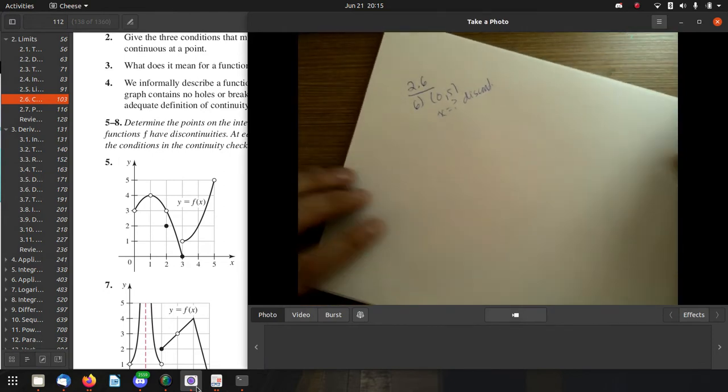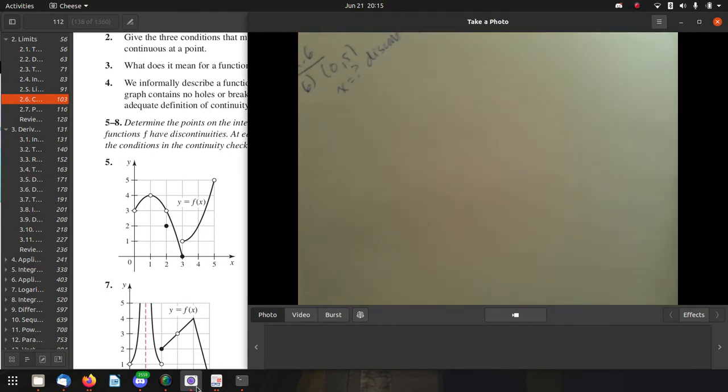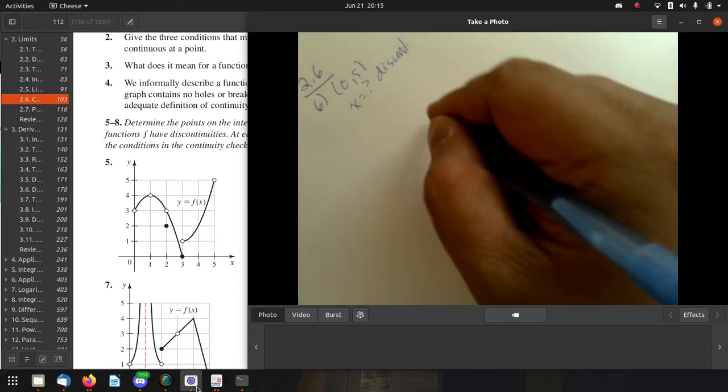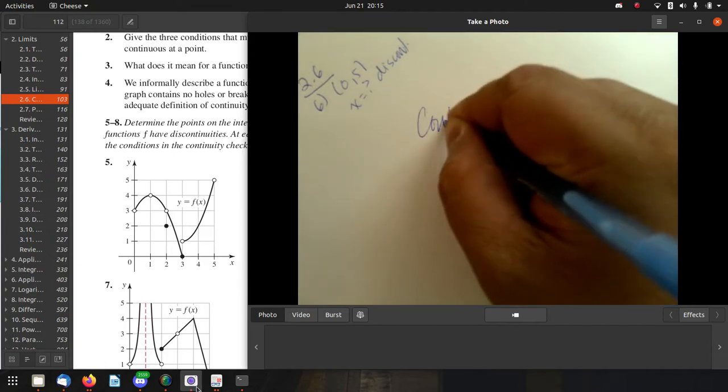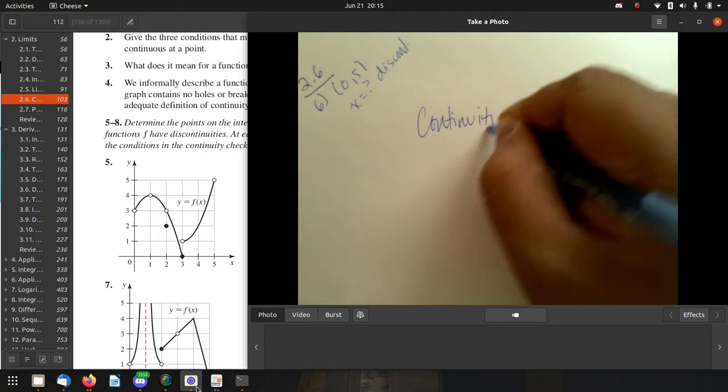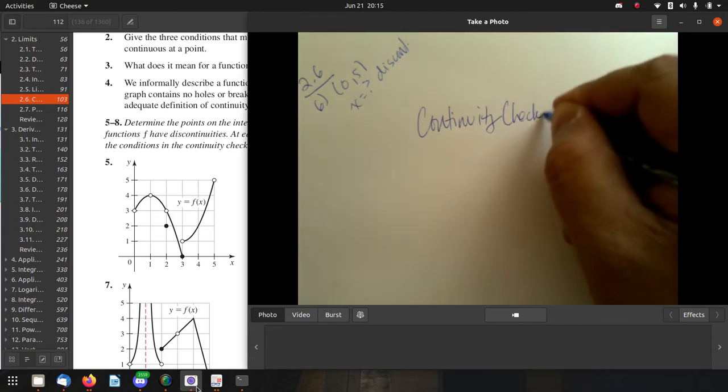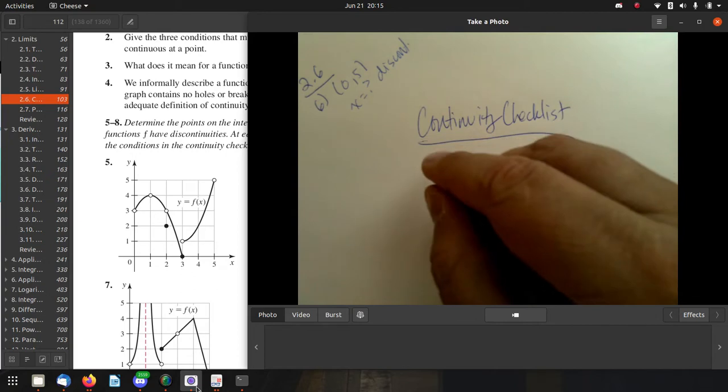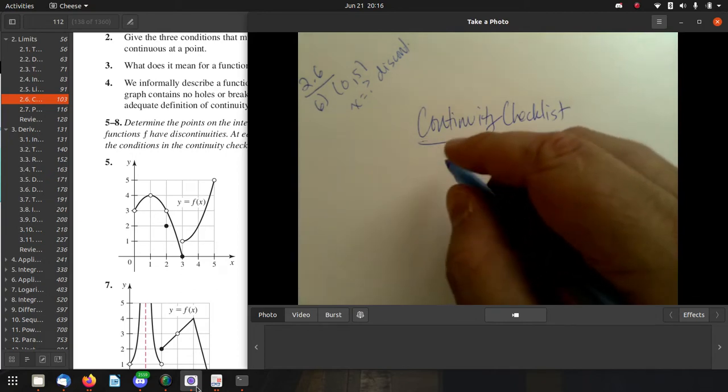So the first thing we want to do, let's zoom in here and talk about what our continuity checklist is, and what each of these definitions from the book are and why they're so important.